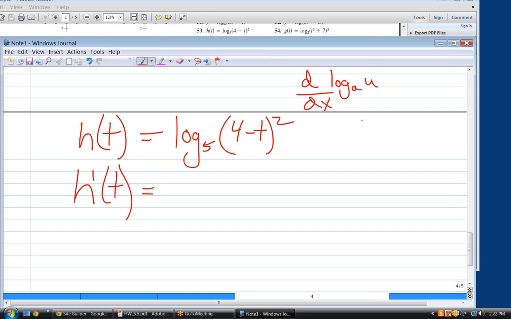Well, that is 1 over u times natural log of a times u prime. So would the first step be to pull that 2 to the front, since I'm using the properties of logs, and make it 2 log base 5 of 4 minus t?